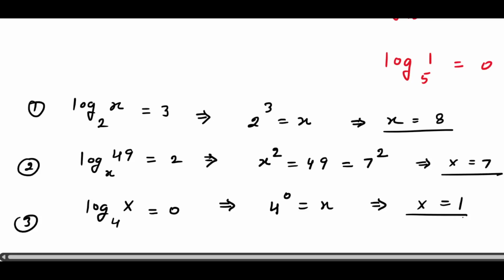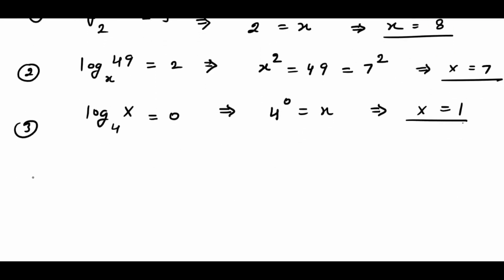Good. Now let us make the problem a little complex. The problem is log of 3x minus 1 to the base 2 is equal to 5. You have to find the value of x.